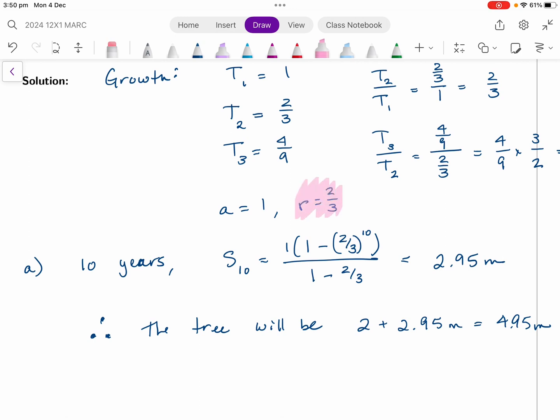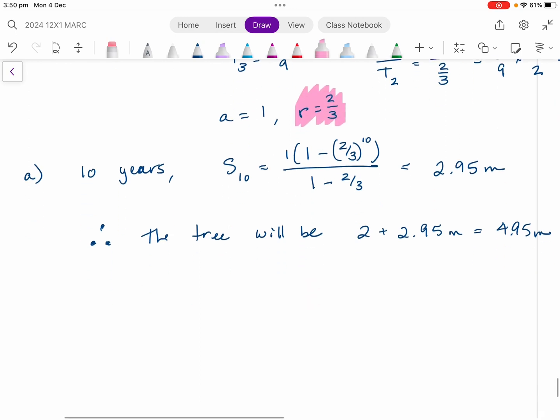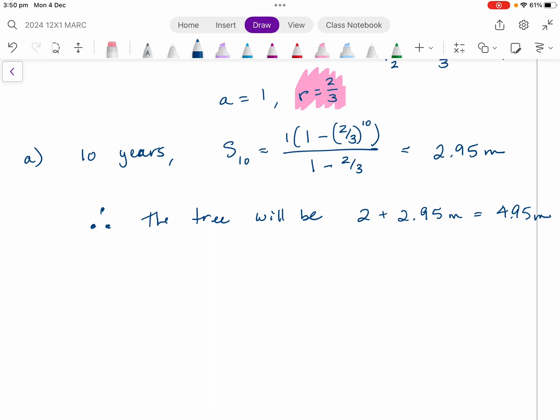Now, noting that our common ratio is less than 1, it does have a limiting sum. So therefore, it's asking to find the maximum height to which this tree will approach. So the max height is really the limiting sum. So sum equals a on 1 minus r. And not forgetting the fact that that's how much it will grow in addition to the starting 2.